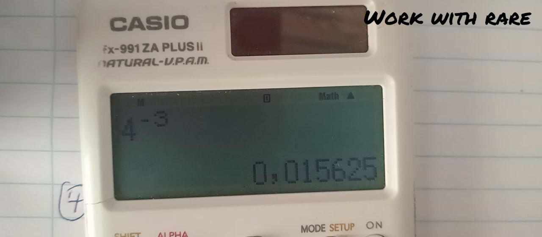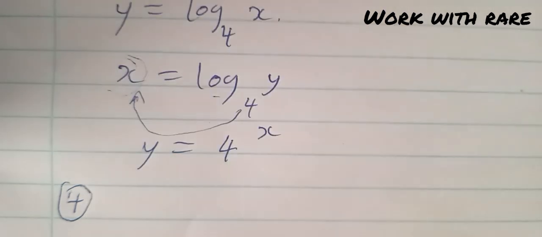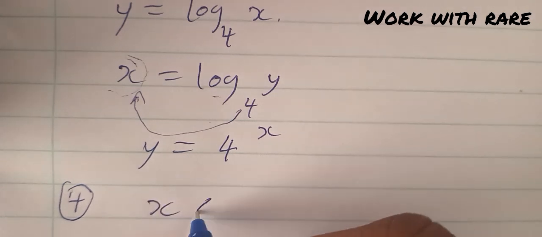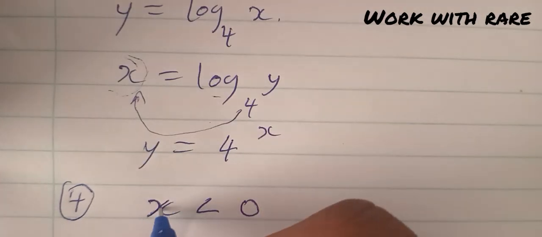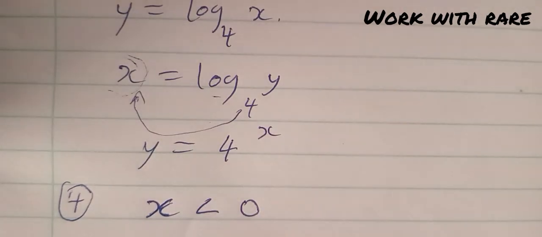And if I substitute the other ones, it will be less than 0. So our answer here is going to be x is less than 0, because the values that we are talking about here are negative values. So that's how it is. Then you get 2 marks.